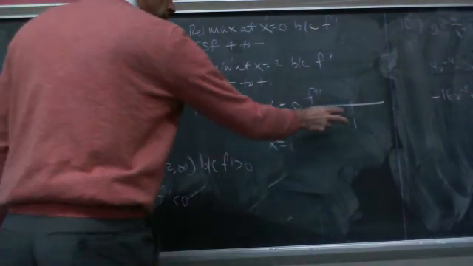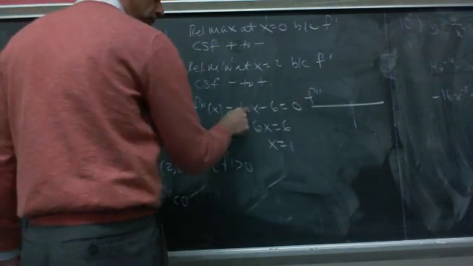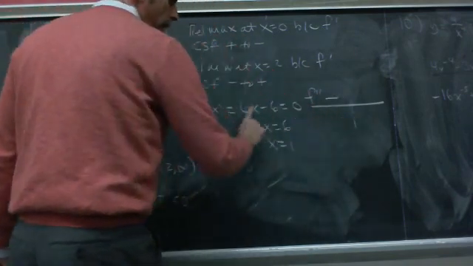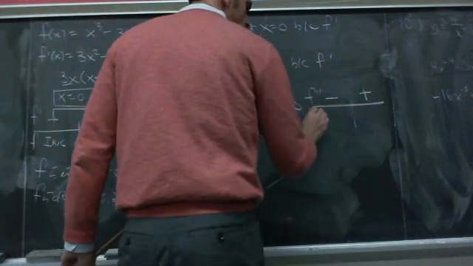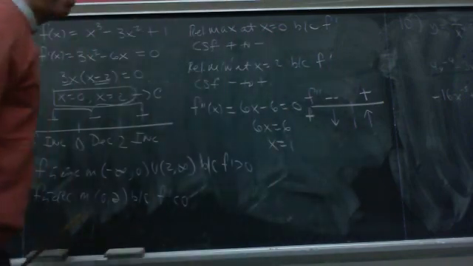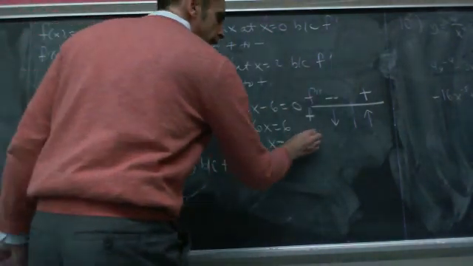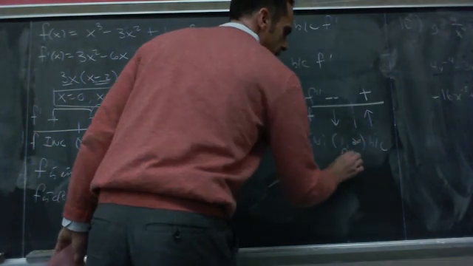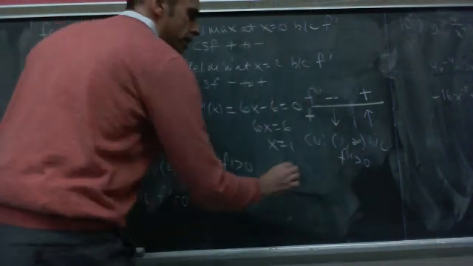So if I pick, say, 0, put it into f double prime, I get a negative. If I pick, say, 2, I get a positive. So this tells me f is concave down and f is concave up on that interval. So concave up from 1 to infinity because f double prime is greater than 0.